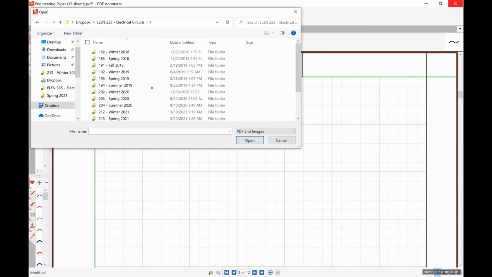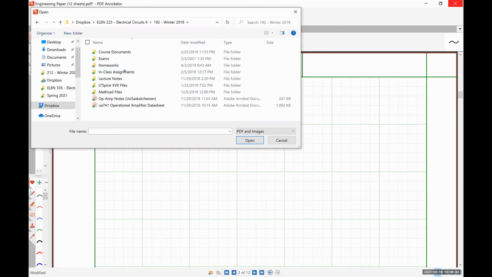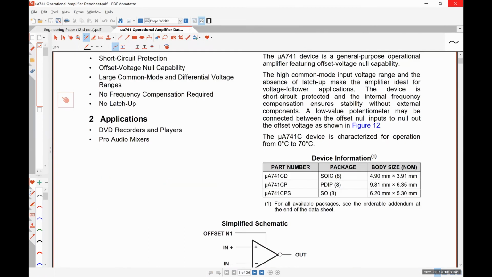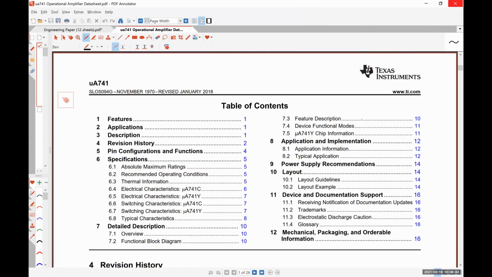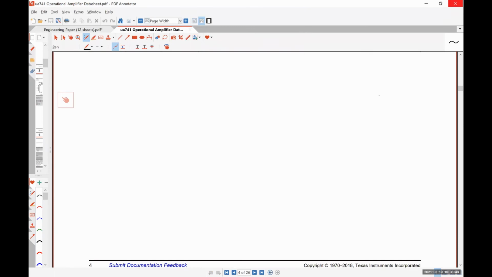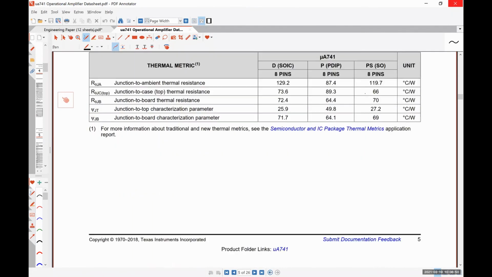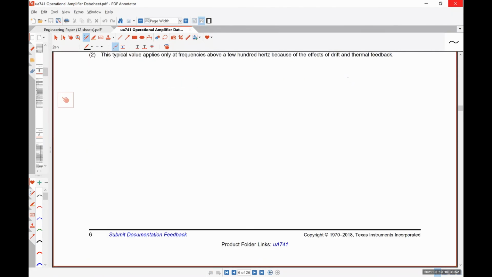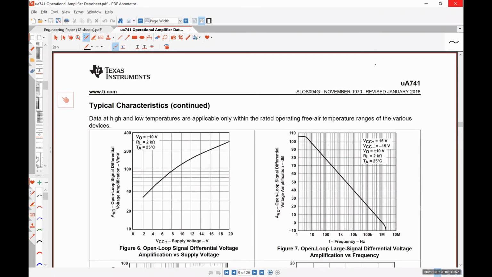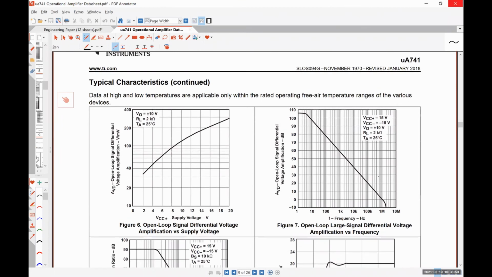I'm going to scroll down to page 9, I think I have in my notes. So our attention right now should be focused on this graph in the upper right-hand corner.